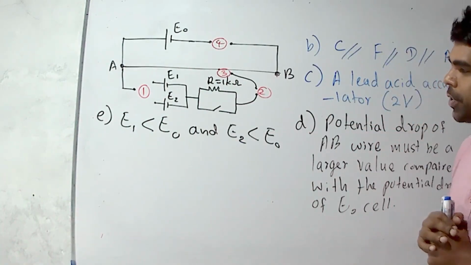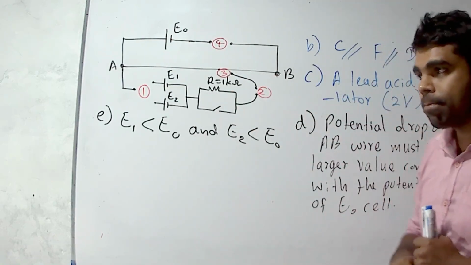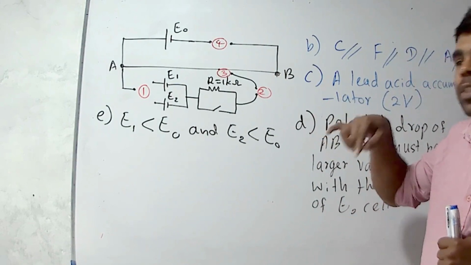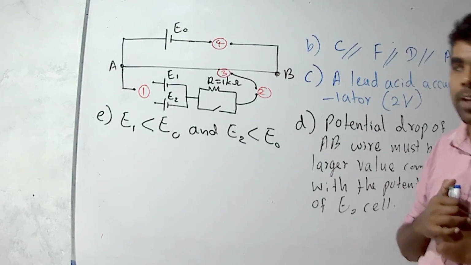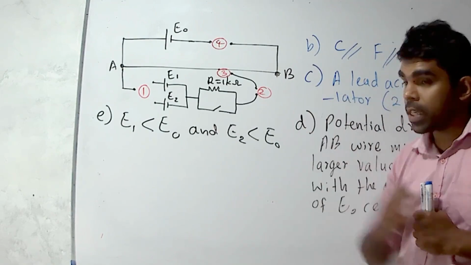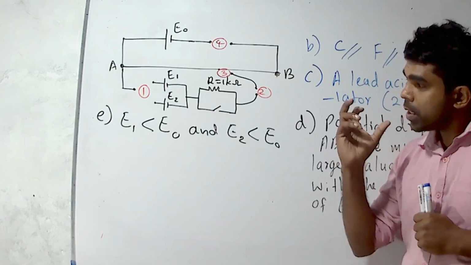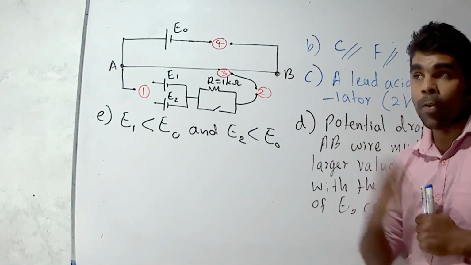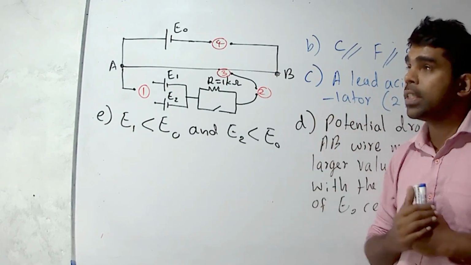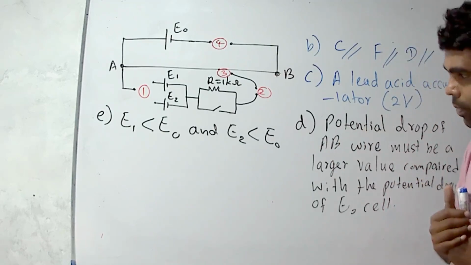Terminal voltage means the voltage across the corresponding cell when there is a small current through the non-ideal voltmeter. But in a potentiometer, we find the potential drop of the corresponding cell when there is no current through the cell. Then it is the correct EMF value.